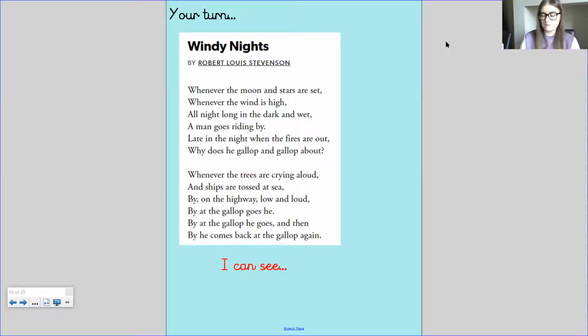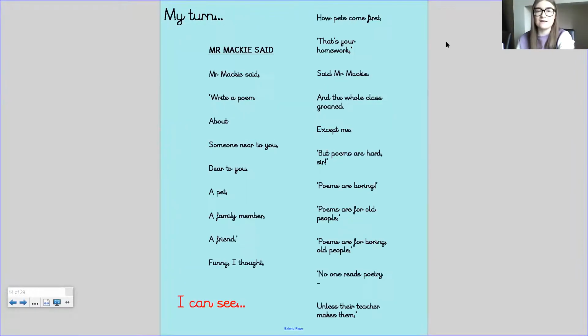So I'm going to make a note of it in my map in a second, but it's not just what we can see, it's how we hear it as well. So poems sometimes are written to be read in quite an upbeat and tuneful way, whereas others are written to just tell a story, like the first ones we looked at, just tell a story exactly like a narrative would, but written in a slightly different way.